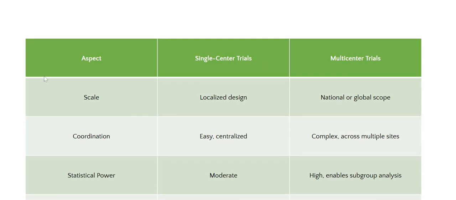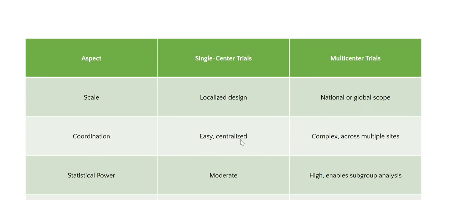Now we have this table about the aspects, and for each aspect, when it is single-center trials and when it is multi-center trials. By each aspect, the scope: for single-center trials, localized design, while for multi-center, national or global scope.